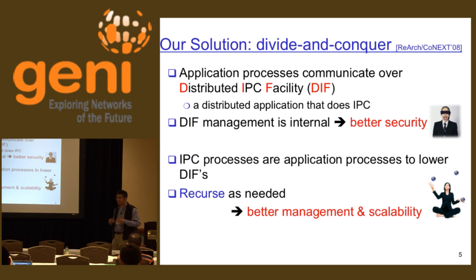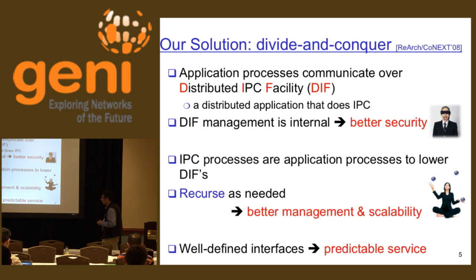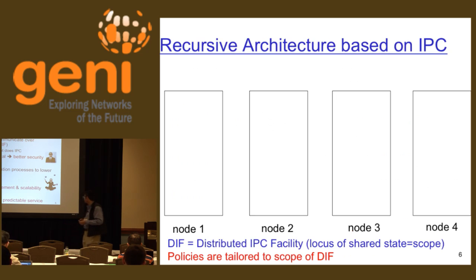So we can scale better because, as you'll see, we can have many levels of control. And the building blocks, the Lego pieces, have to fit together nicely, so we have well-defined service-based interfaces for communication.